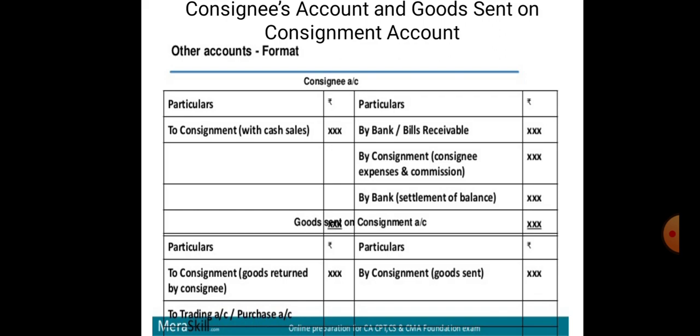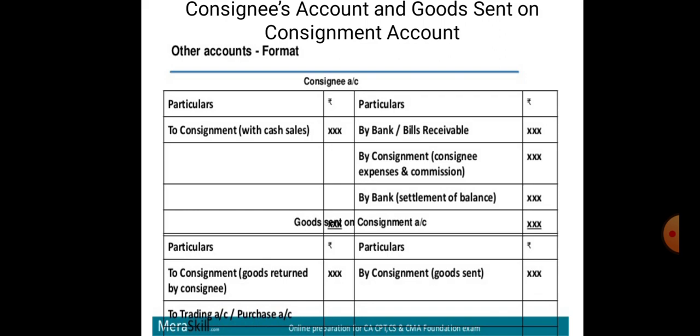The consignment account shows the sales proceeds made by the consignee, and that will be debited to the consignee's account. And if goods have been returned, that also should be posted to the debit side of the consignee's personal account.